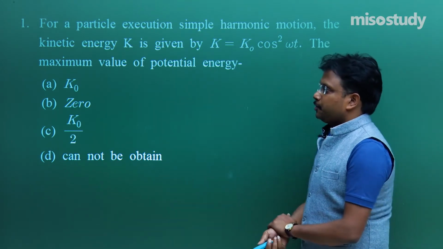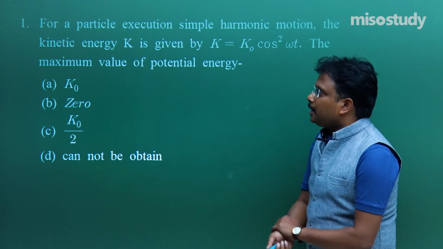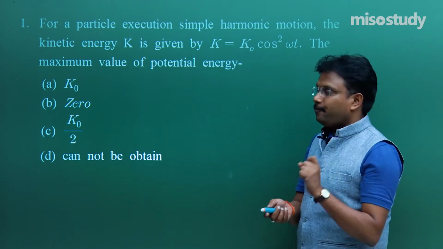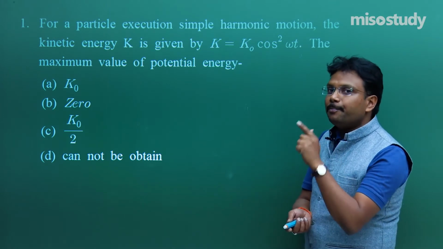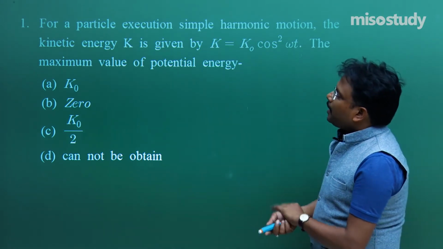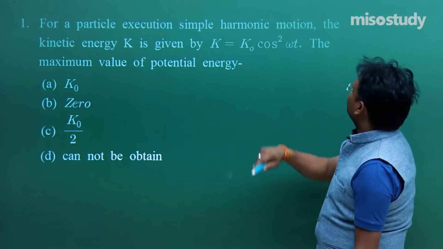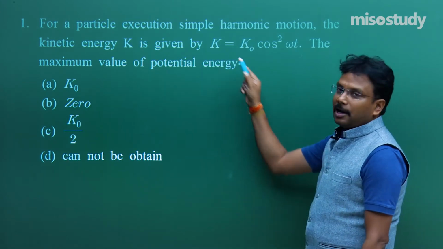This is your first question, a very good question from the medical entrance exam point of view. Why am I saying so? Fine. So first try to read the question, then I will tell you why it's important. For a particle executing SHM, simple harmonic motion, the kinetic energy K is given by this particular relation.